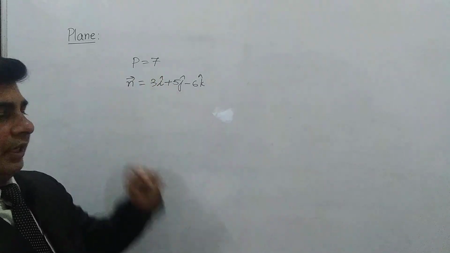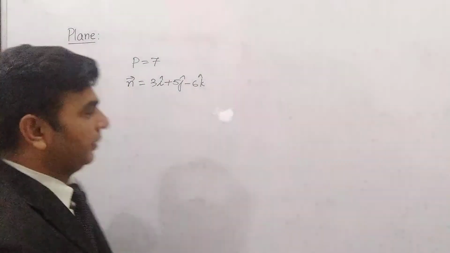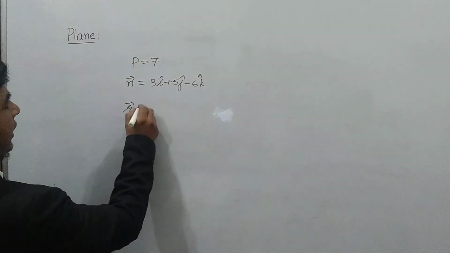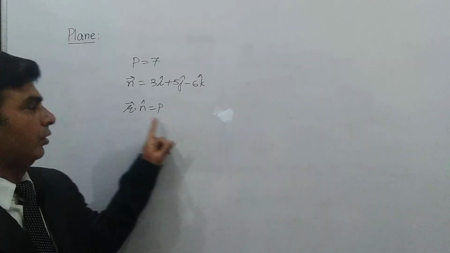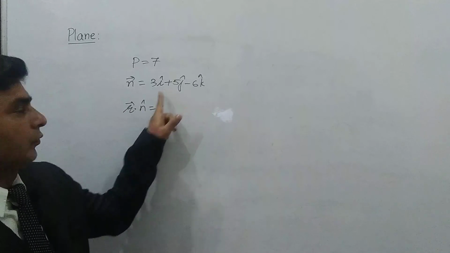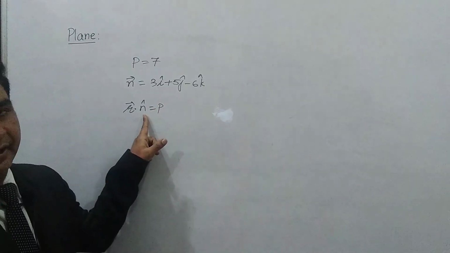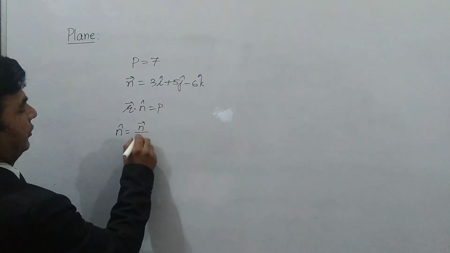If any distance from the origin to the plane is given to you, then we know that the equation of plane is given by vector r dot n cap is equal to p. The value of p is given to you, but I do not know n cap. I know only the n vector. So first of all I will find n cap, which is given by n vector upon n magnitude.